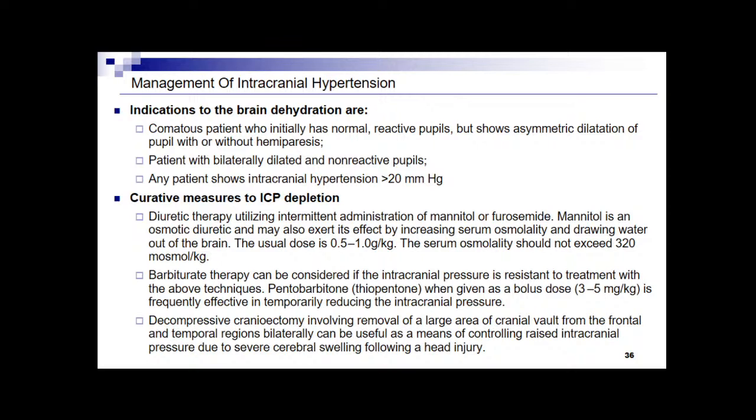Decompressive craniectomy involves removal of a large area of cranial vault from the frontal and temporal regions bilaterally, and can be useful as a means of controlling raised intracranial pressure due to severe cerebral swelling following a head injury. If the conservative therapy is ineffective, we should prescribe decompressive craniectomy to avoid secondary death of the brain by raised intracranial pressure.